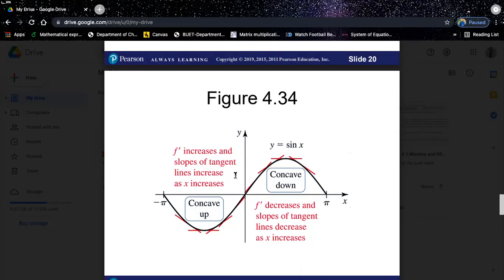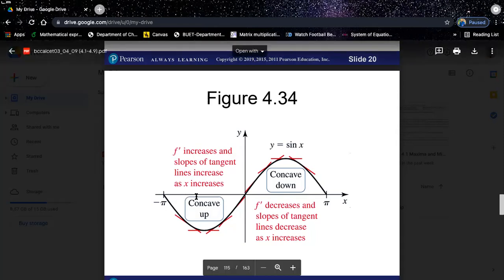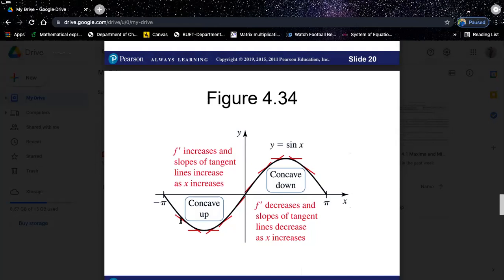And the slopes of the tangent lines increase as x increases. Do you agree? As we are going to our right, try to understand from the graph, okay? It was negative at first, and then it slowly becomes positive.